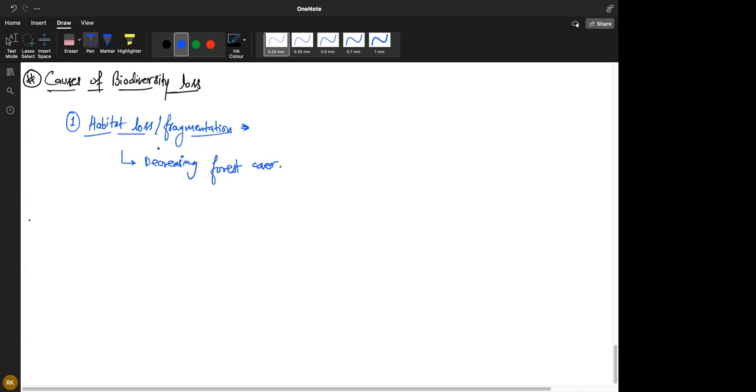Okay. And because of this, another thing is we are fragmenting. We are breaking apart connected large habitats.